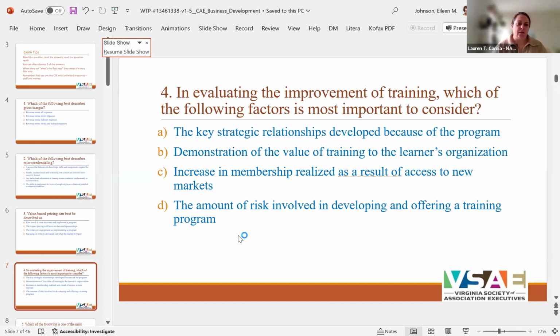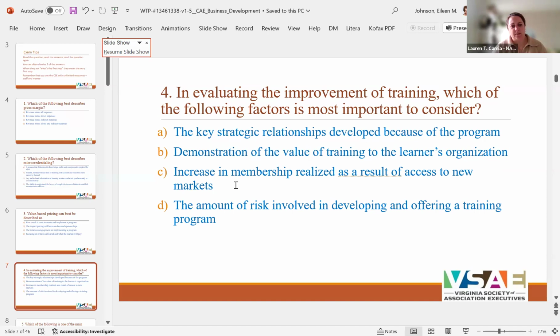I think I could eliminate C, increase in membership. I feel like membership is outside of the realm of what this is talking about. And I think also A, key strategic relationships developed because of the program.